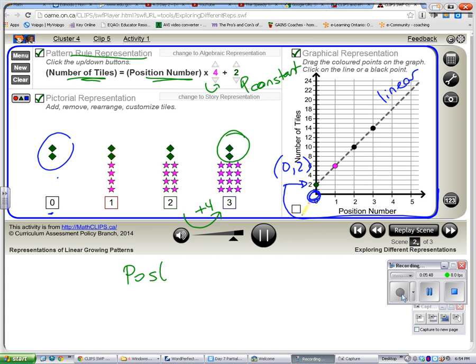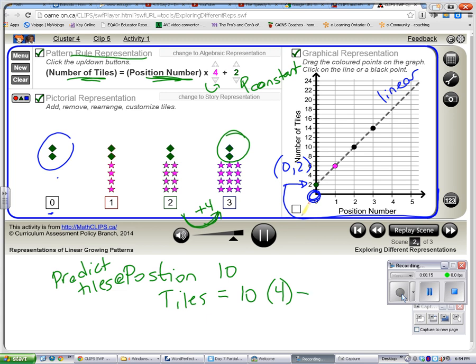So if I wanted to predict the tiles at position 10, then I can use my pattern rule. So the number of tiles is going to be equal to position number, well that's 10, and then I multiply that by 4 because each time I went over I made 4 more. And then I also have, so that's the 4 purple stars each time, but I also had my 2 green diamonds. So when I work this out, because these are all numbers on the right hand side, I can just use BEDMAS to evaluate.